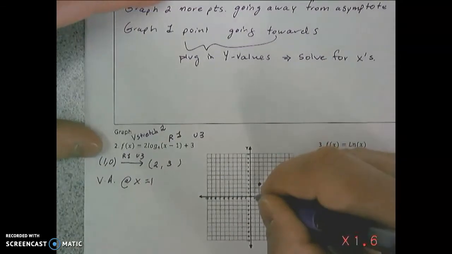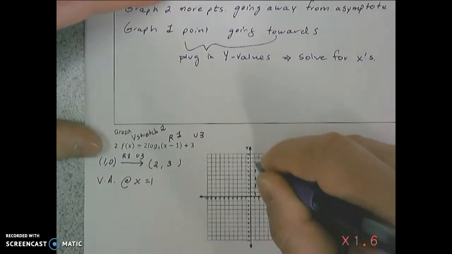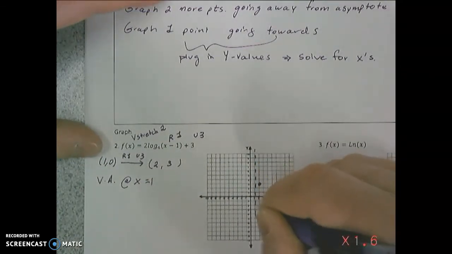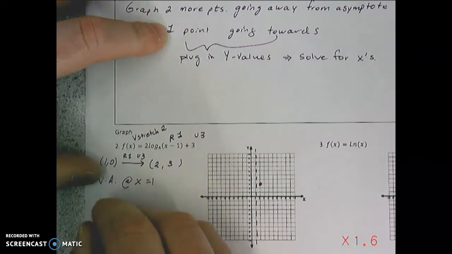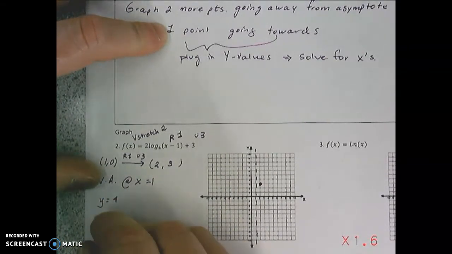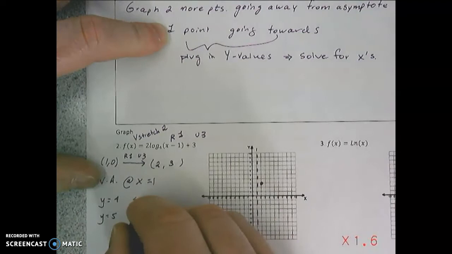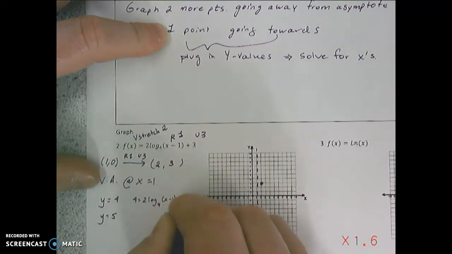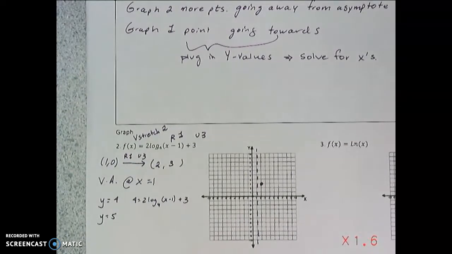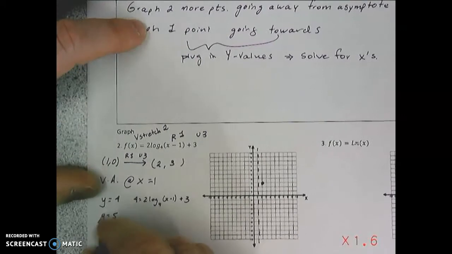All right, now let's find 2 points going away from the asymptote. So let's plug in y equals 4 and 5. When y equals 4, we get 4 equals 2 log base 4 of (x minus 1) plus 3. Let me give myself some space to solve this.